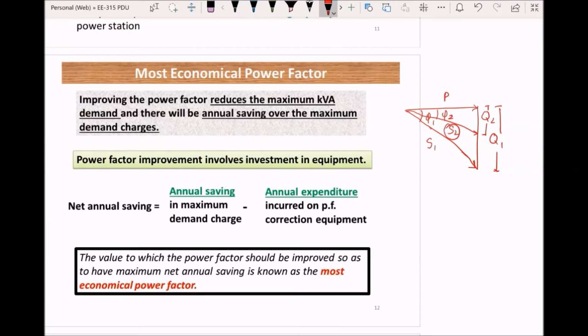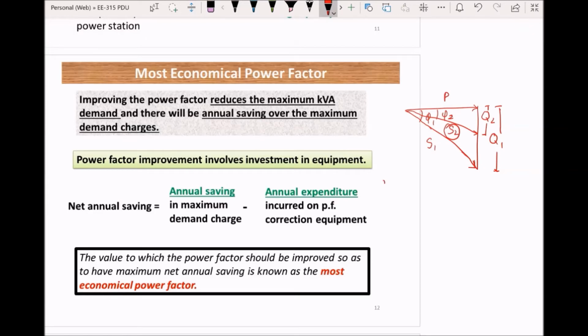With the reduction in kVA demand, the charges on the consumer also reduce. We can take an example of any generic tariff considering the kVA and the kilowatt parameters.